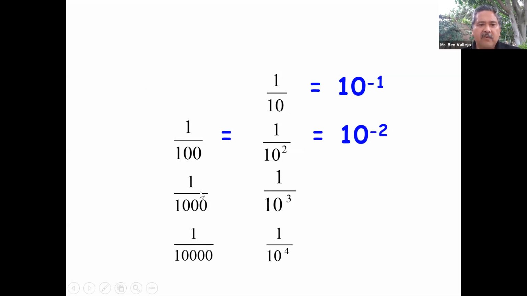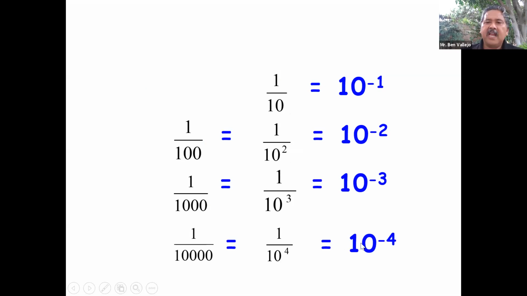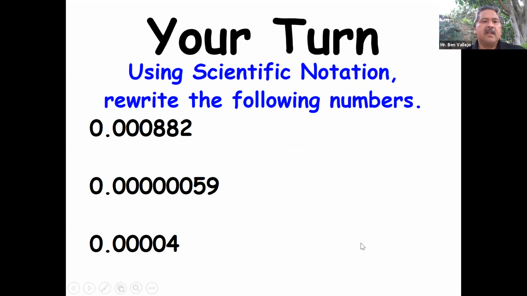And then 1 over 1,000 is going to be 10 to the negative 3rd power. And then 10 to the negative 4th power, you can see it's 4 zeros right there. It's 1 over 10 to the 4th, or we write 10 to the negative 4th.